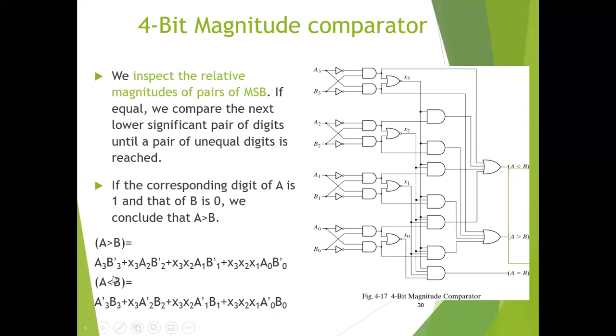For the output variable A less than B, A will be equal to 0 and B will be 1, so in that case we take the complement of the A digits, and B will be in the unprimed form, as seen in this Boolean expression. So by using these Boolean expressions, we can easily construct the magnitude comparator circuit as shown in this figure.